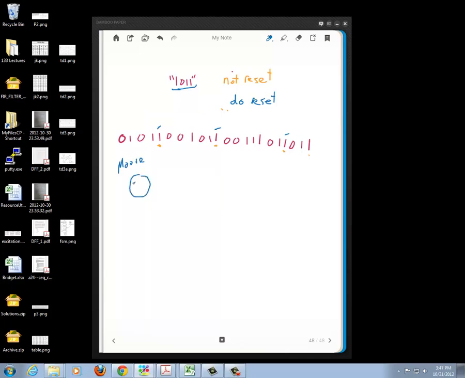So I'm going to make my legend. I'm going to have a state and my Moore output Z, and I'm going to have an input X. And the input X is going to represent this stream of bits. So it's going to be reading an X one at a time. So this would be the first X, this would be the second X, this 0 would be the third X, etc. Alright, so let's start in state A.